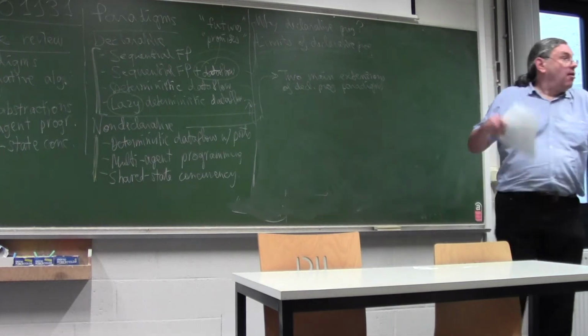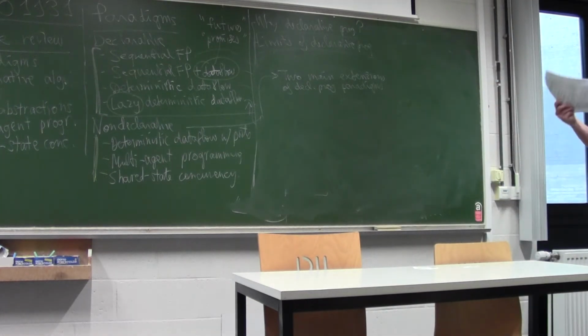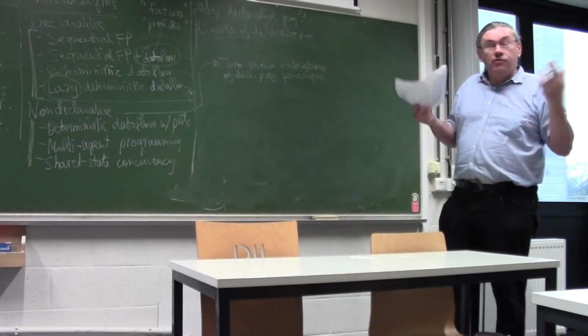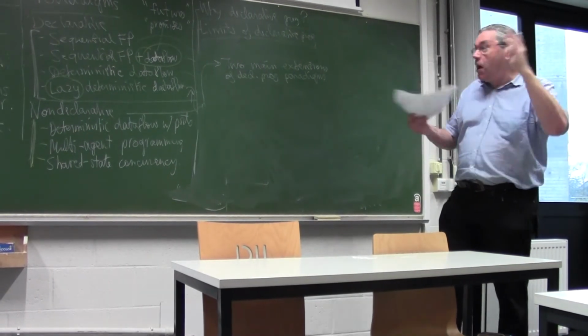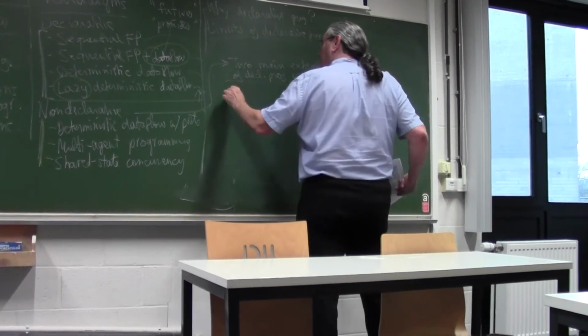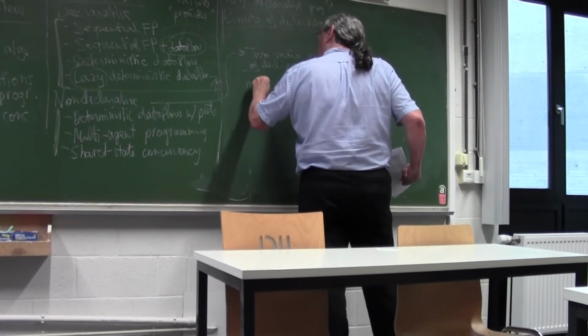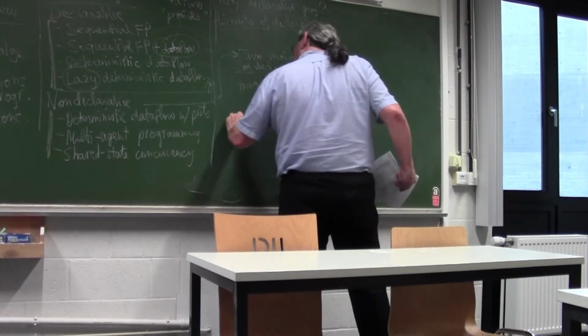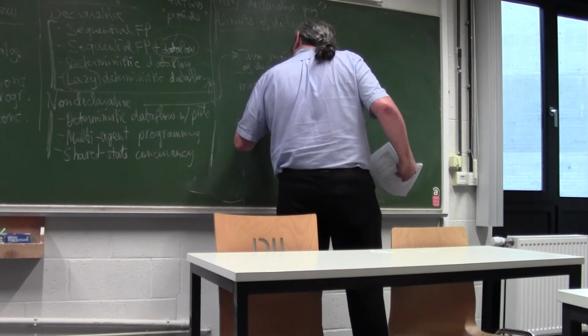Why these two? Because they work well, because programmers can use them. There's many reasons. There's dozens of ways to make non-declarative. One of them is called mutable state, and the other one is called communication channel.